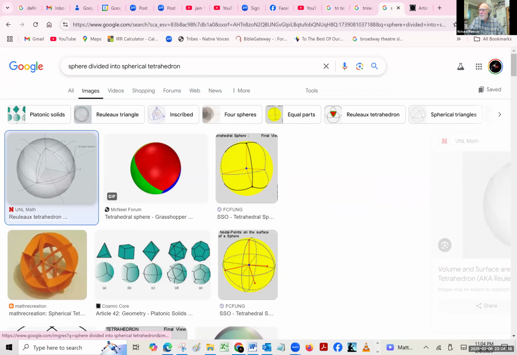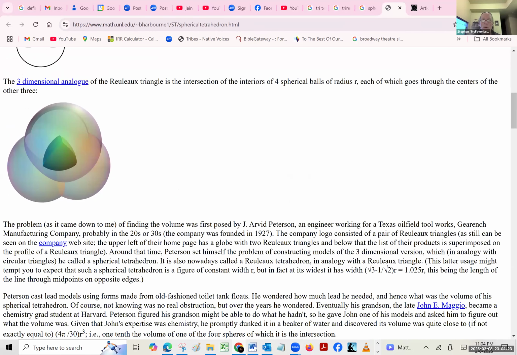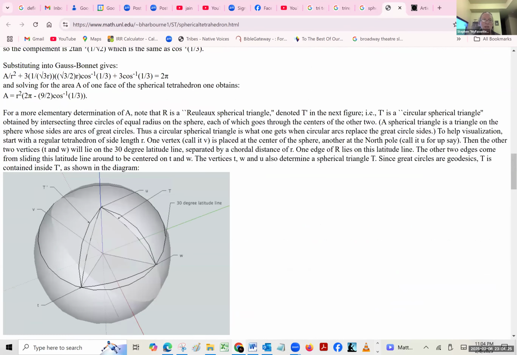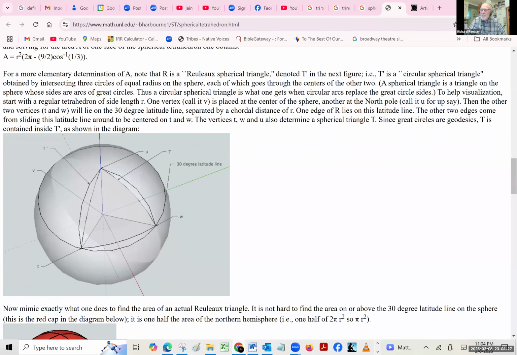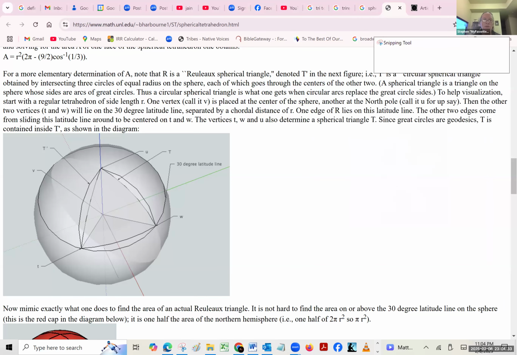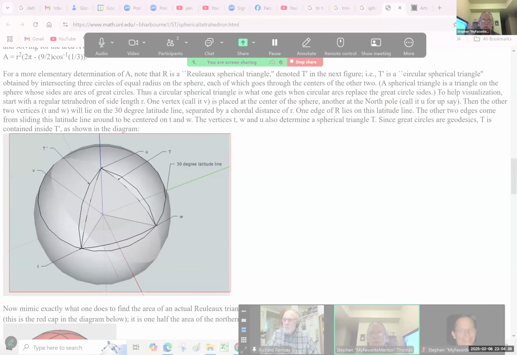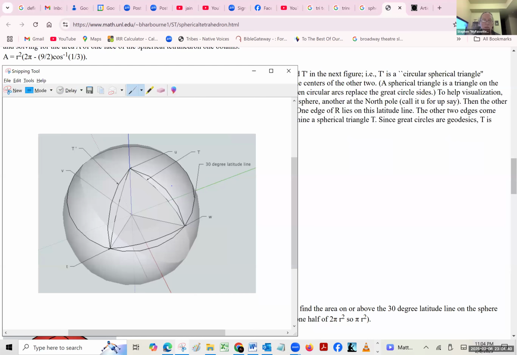So I'm going to take this guy. Whoa, it's that page. We were on that page anyway. There it is. Wow. So this shows the spherical tetrahedron that we've just drawn. This shows the place where it fits.